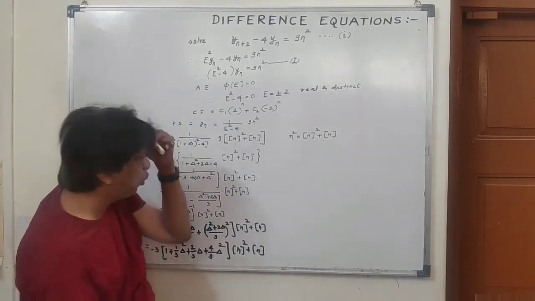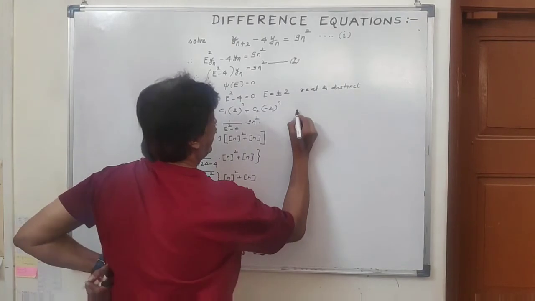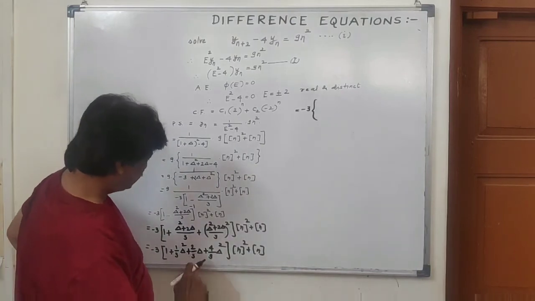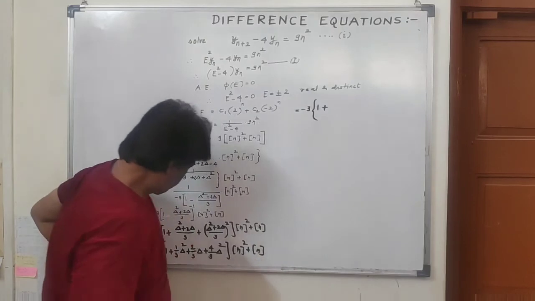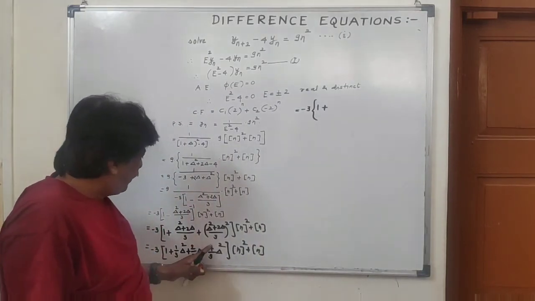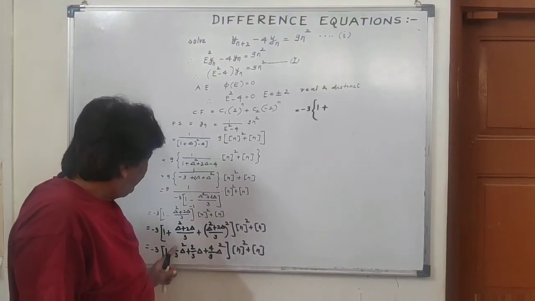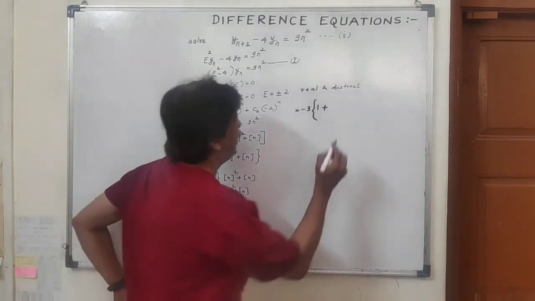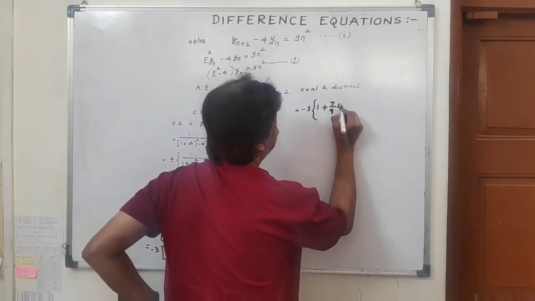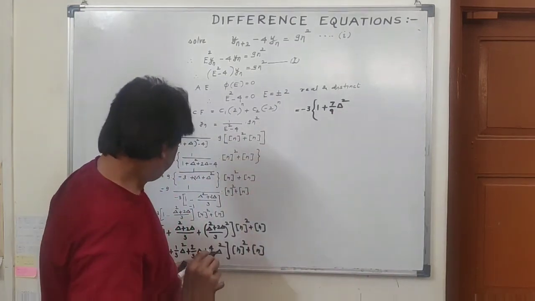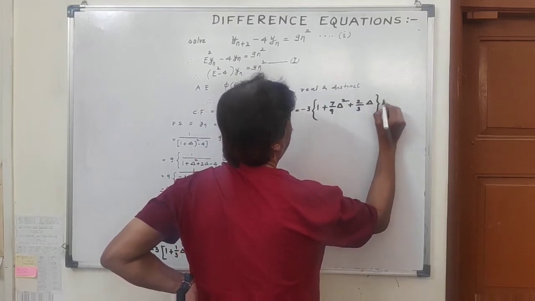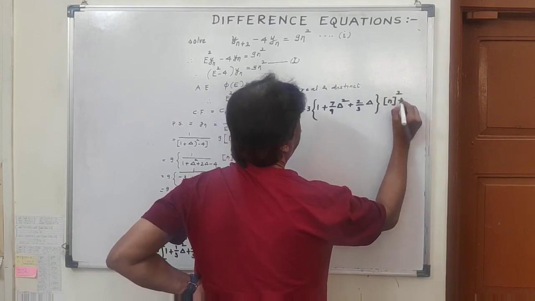so that is further equal to minus 3 times, we shall simplify this, 1 plus 1 by 3 delta square plus 4 by 9 delta square. 1 by 3 means 3 by 9. 3 by 9 plus 4 by 9, that is 7 by 9 delta square plus 2 by 3 delta, operating on factorial n square plus factorial n.